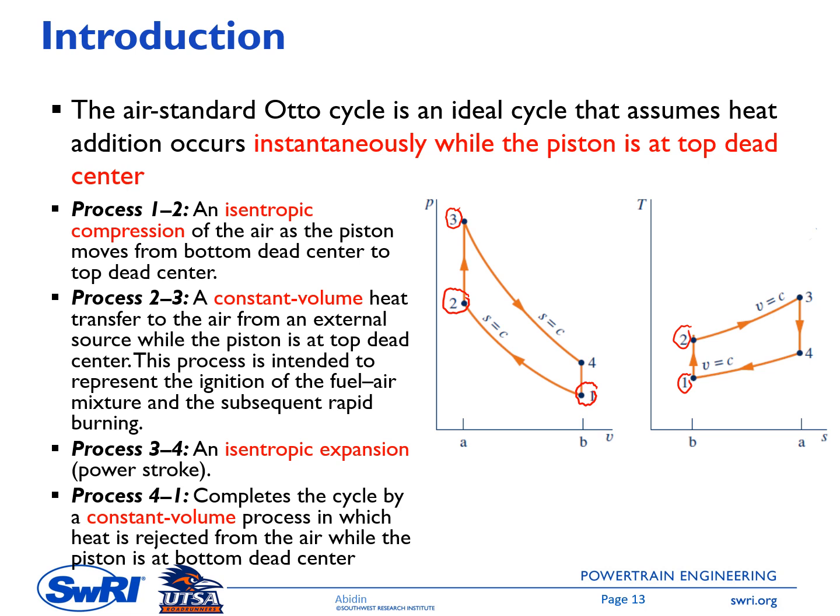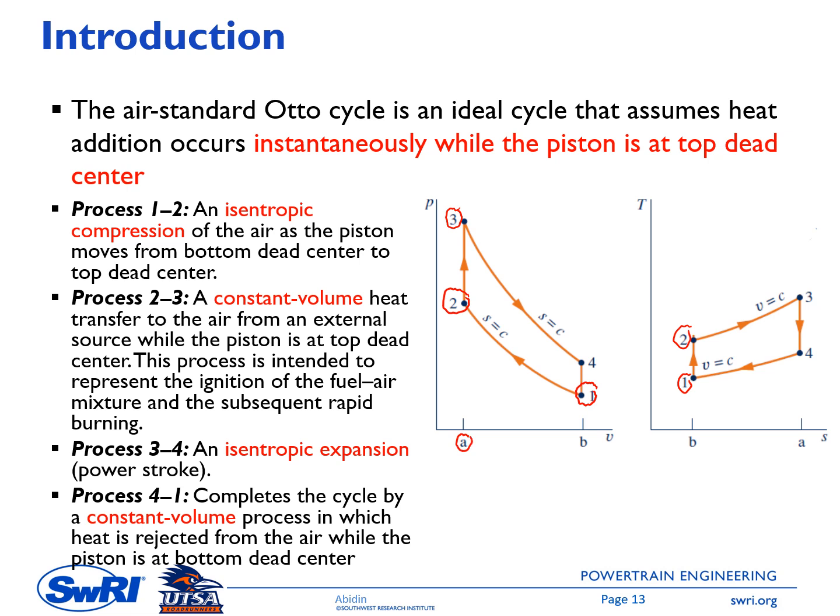This is a constant volume process in which heat transfer to the air from an external source occurs while the piston is at top dead center. The piston stays there, it doesn't move. It is at point A here, at the top dead center point.